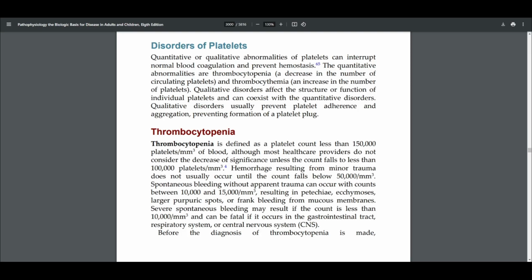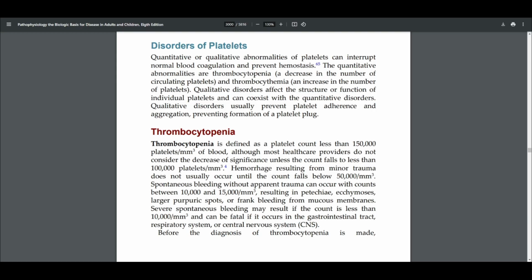Hemorrhage resulting from minor trauma does not usually occur until the count falls below 50,000. Spontaneous bleeding without apparent trauma can occur with counts between 10 to 15,000, resulting in petechiae, ecchymosis, larger purpuric spots, or frank bleeding from mucous membranes.